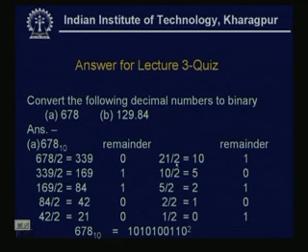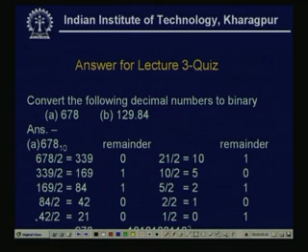Continuing, 21 divided by 2, the remainder is 1, then the remainder is 1, then the next remainder is 0, the next is 1, like that.